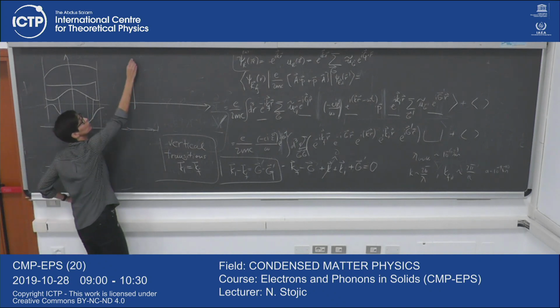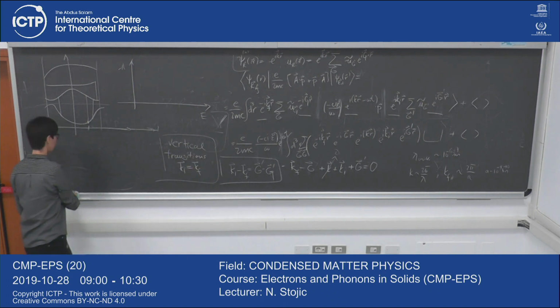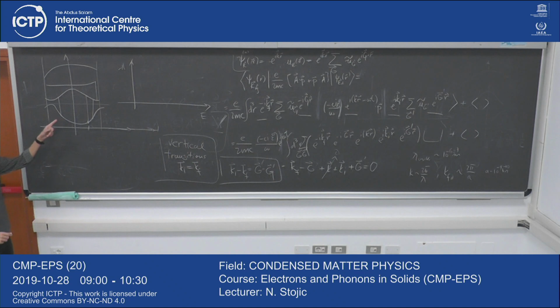So I was going to plot the absorption with energy for a crystal. Now you see it's not going to be so discrete anymore. You can have many more. The smallest energy at which you can excite an electron from occupied to empty is exactly equal to the energy gap. So this is the E gap.